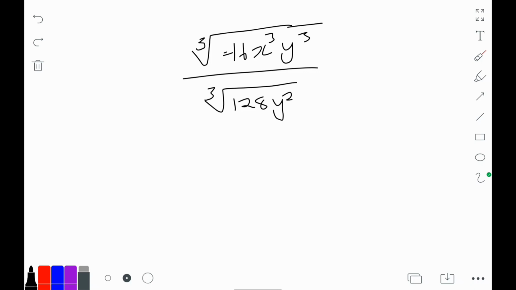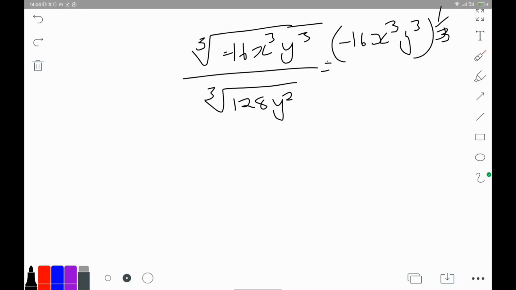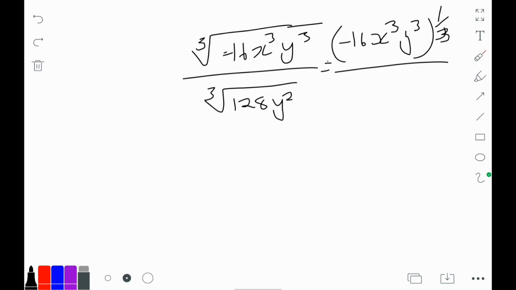So when we solve this, you can change it to become negative 16x to the power 3 y to the power 3, in brackets, to the power 1 over 3, divided by 128 y to the power 2 in brackets, to the power 1 over 3.